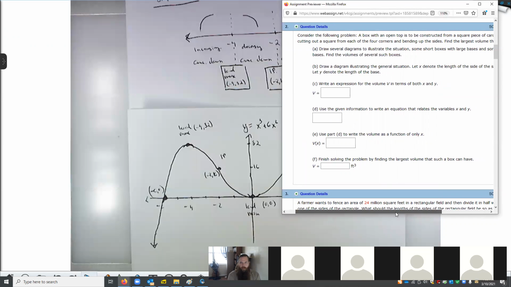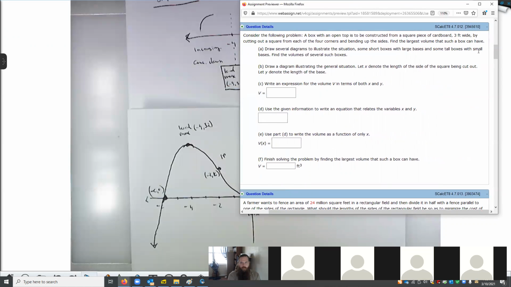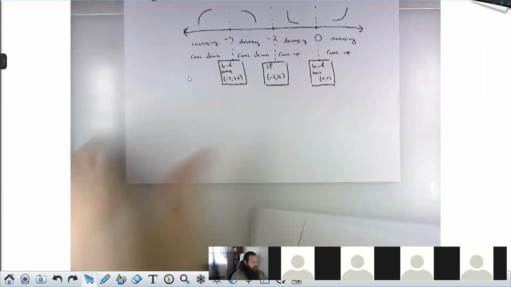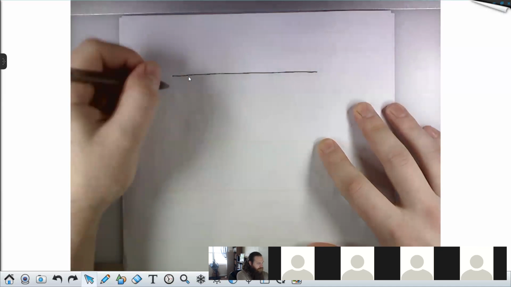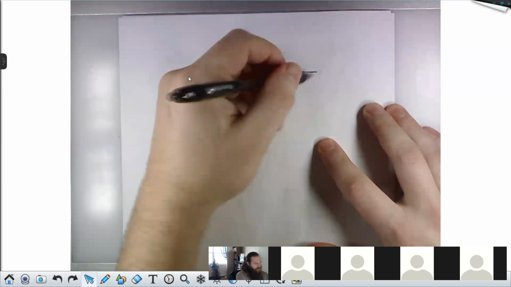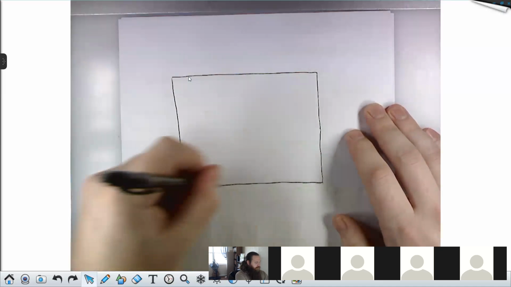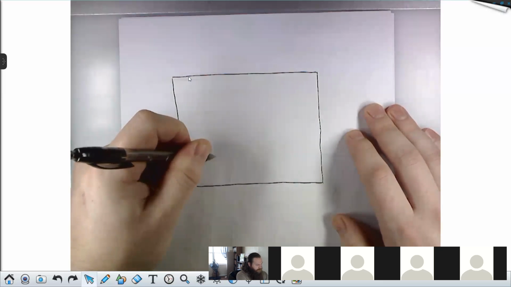So I'm building a box with an open top, and the trick is I'm going to start with a piece of cardboard that is a square, and I'm going to cut out a little square from each corner and bend up the sides. Let's see if we can picture this. I'm starting with a square. Imagine I come in here and from each of these corners, I cut out a little square.